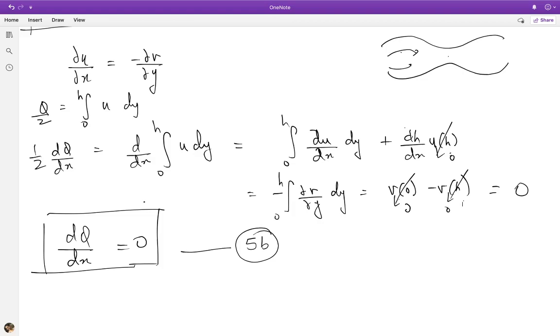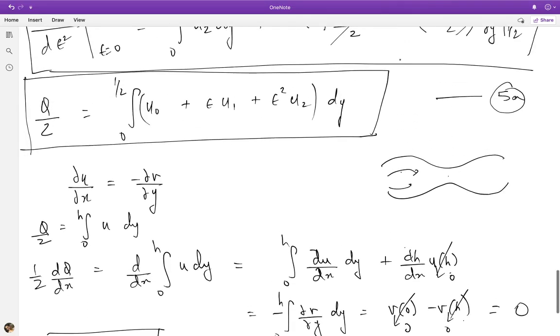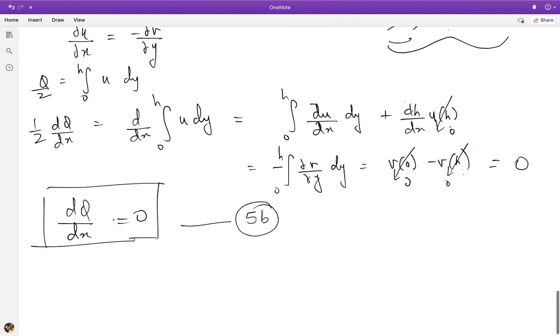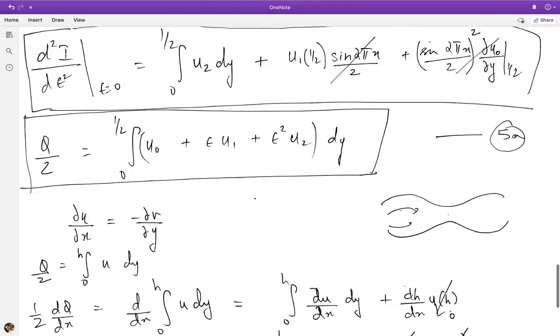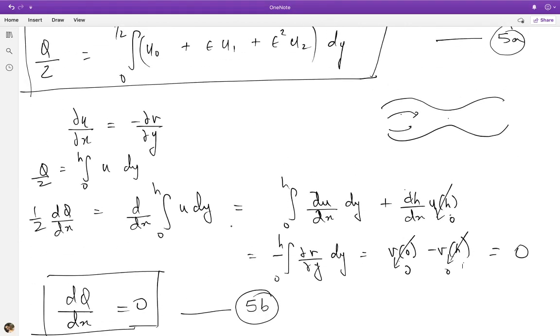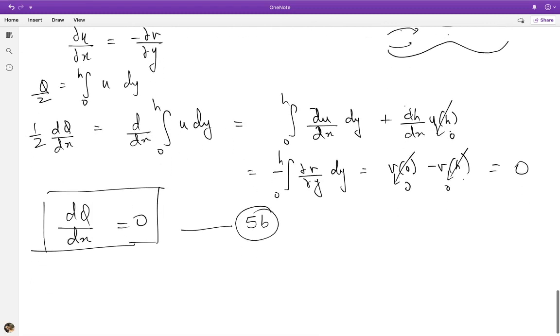For example, if I obtain the solutions using the boundary conditions in their native form, or even computationally, I can then come back and make sure I've got the correct solution by calculating the flow rate using 5a and checking whether its derivative with respect to x is indeed 0, in other words that the flow rate is constant in the x direction. Or I can apply 5b instead of one of the boundary conditions and later use that boundary condition as a way to check on errors.